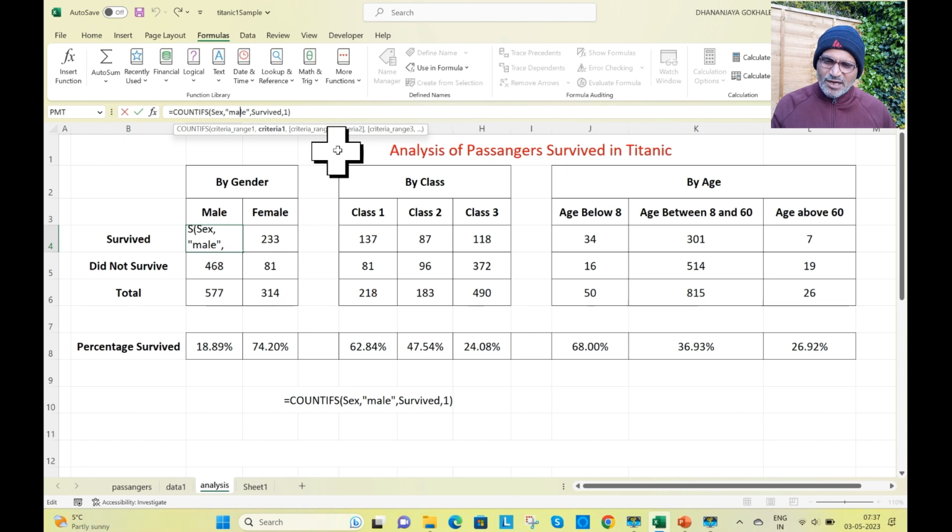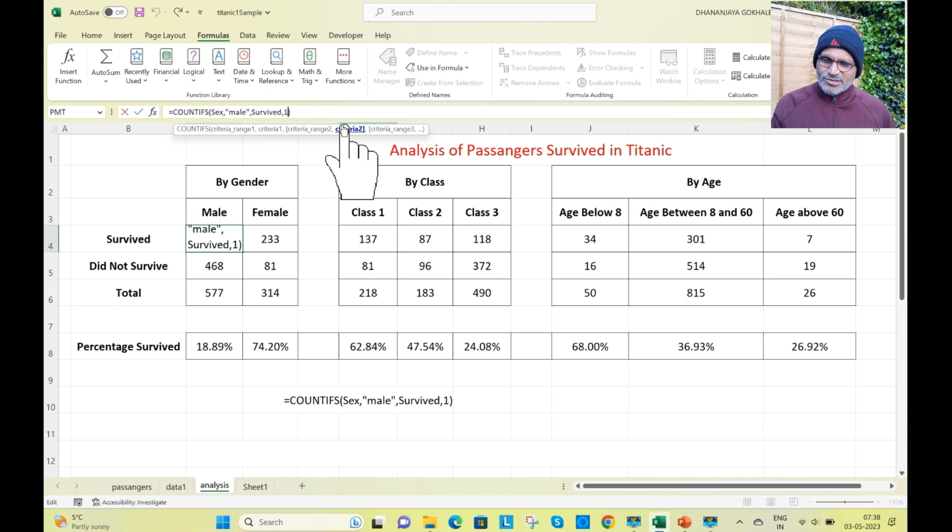What is the criteria? We are looking for males, okay? And next, what is the next criteria range? That is survived. In that, what are we looking for? We are looking for value 1. That is, criteria 2 is 1. What is the meaning of 1? It means he has survived. That's all that is there.